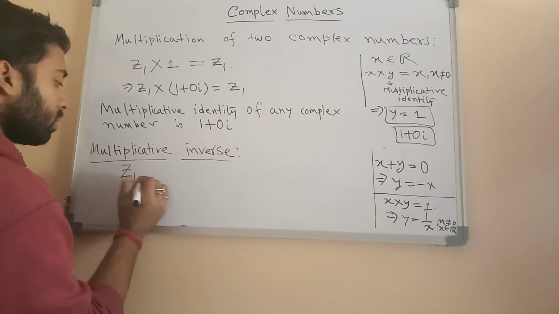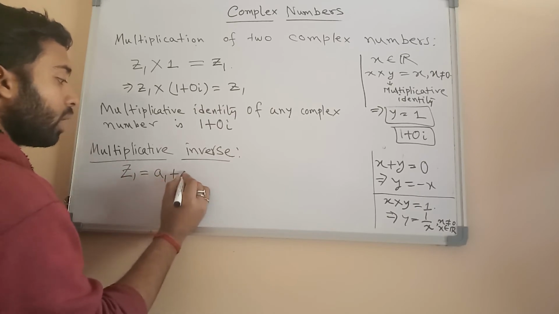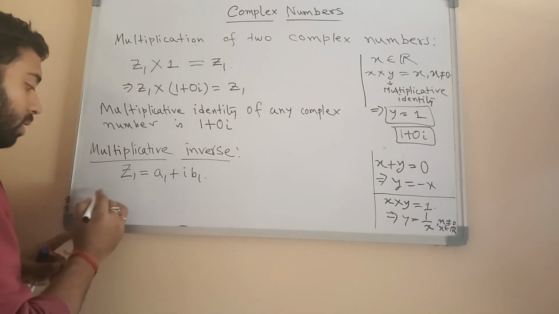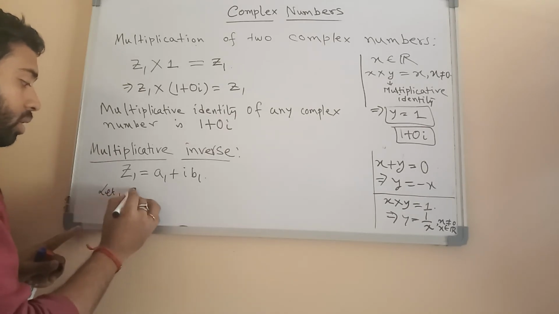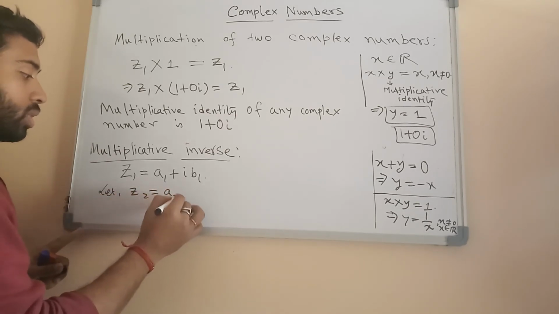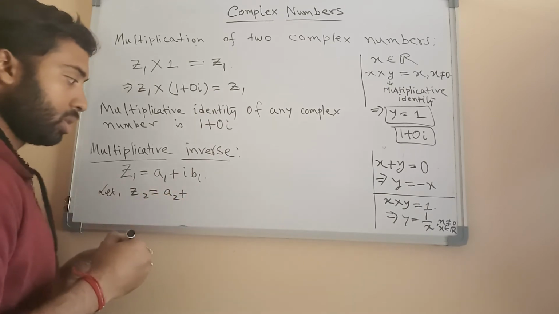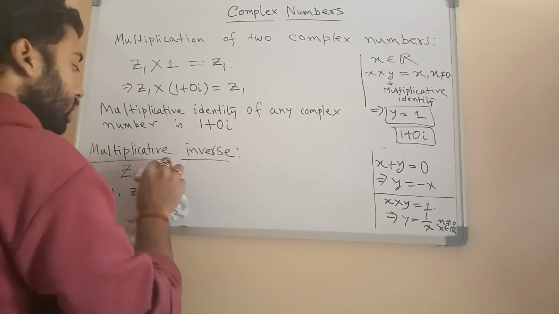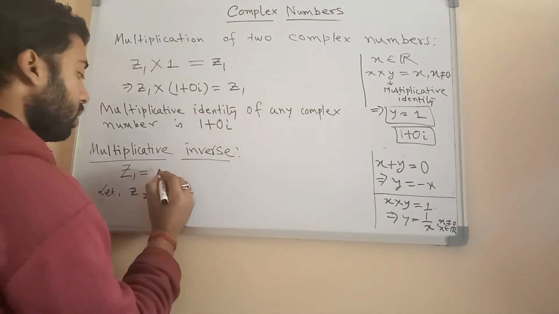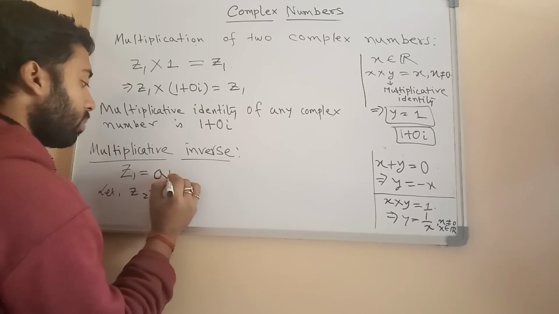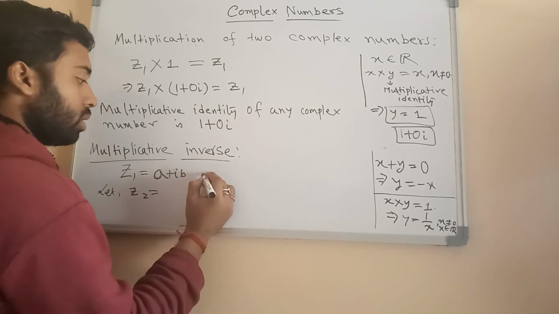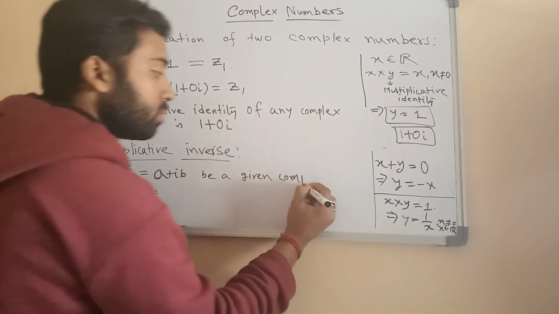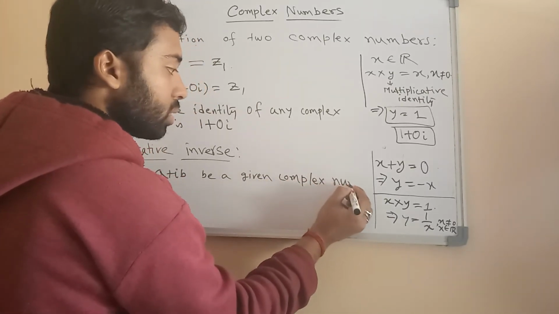Suppose I have given a number z1 equals to a plus ib, a given complex number.